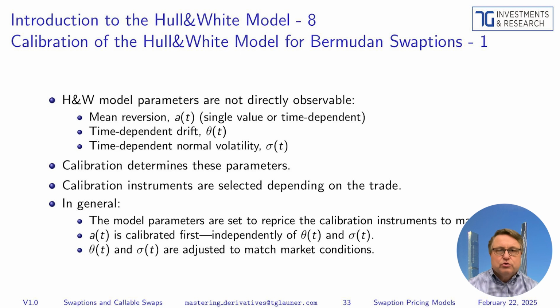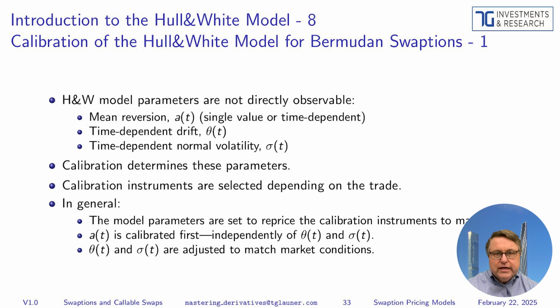Calibration is essential to ensure the model accurately reflects market conditions. The process depends on the specific trade and selected calibration instruments. In general, parameters are set so that the model reprices the calibration instruments to match market prices. Calibration is done in steps.